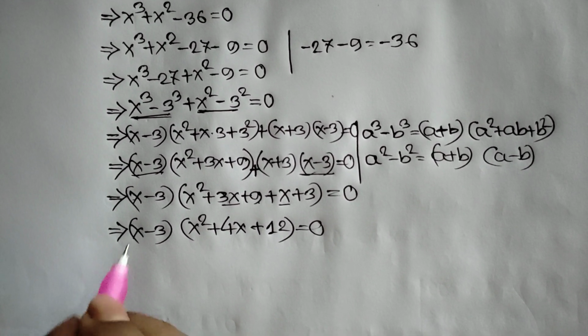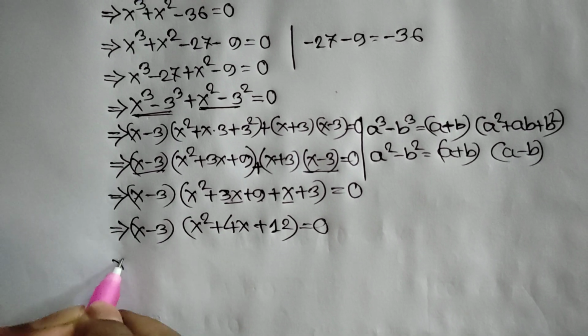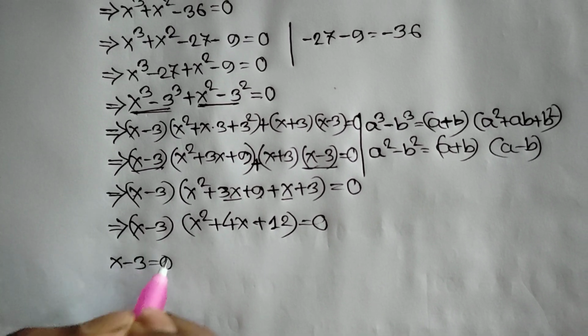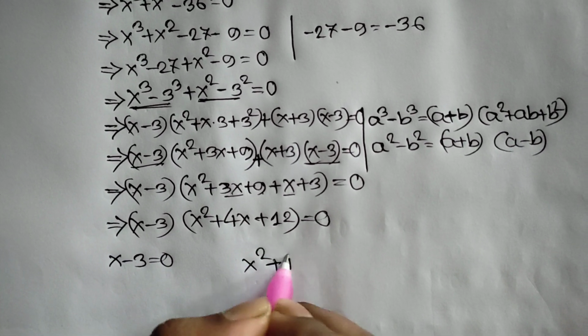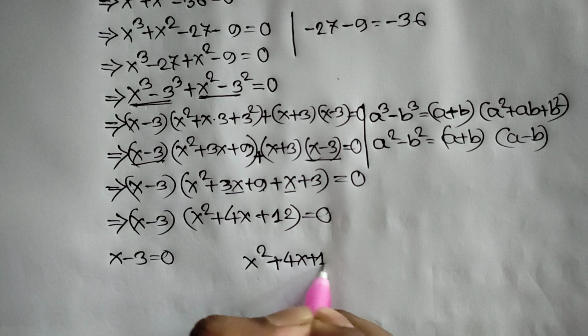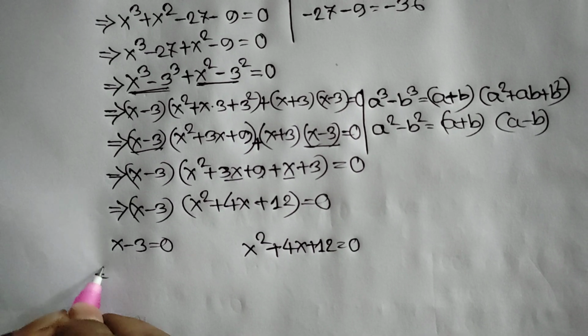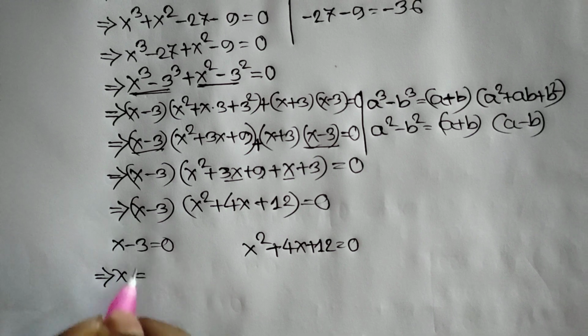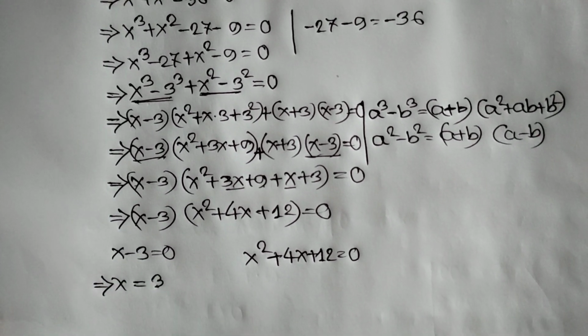Now there are two cases, so we can write x minus 3 is equal to 0, or x square plus 4x plus 12 is equal to 0. Taking this negative 3 to the right side, we get positive 3.